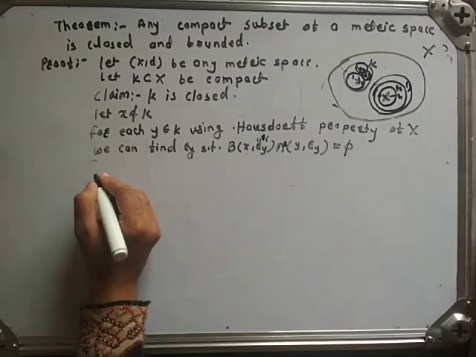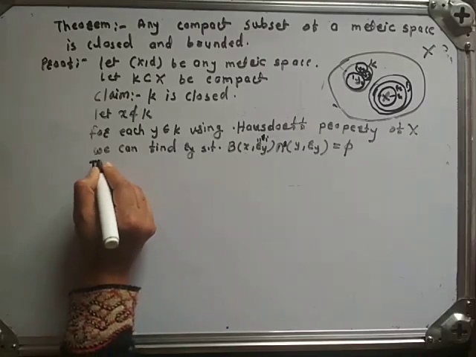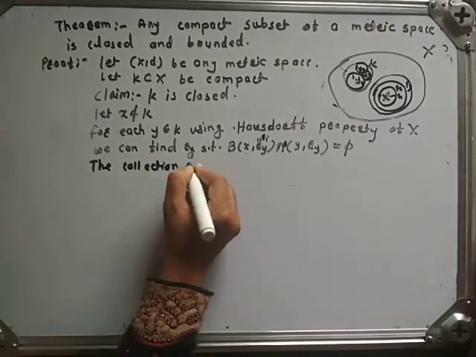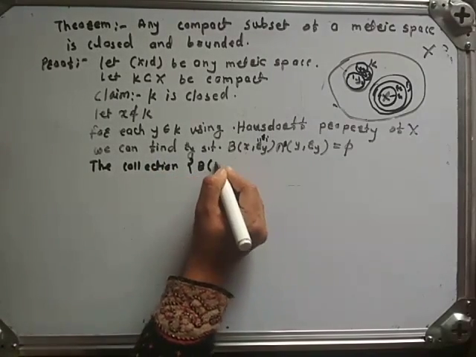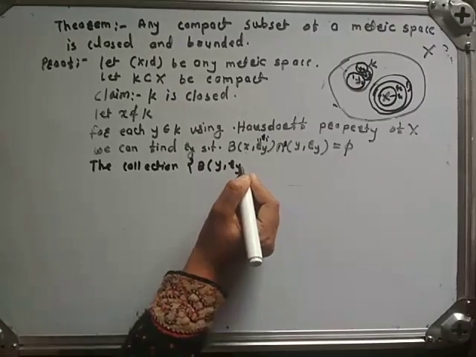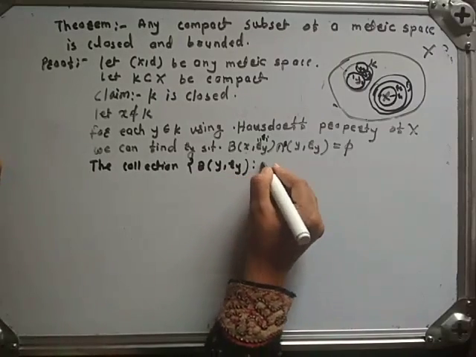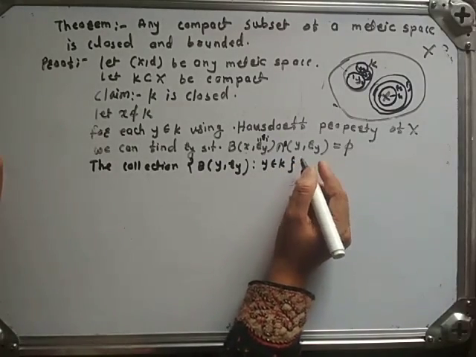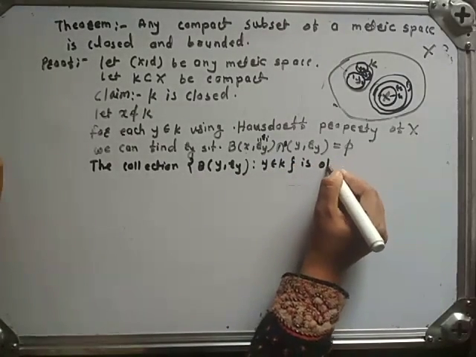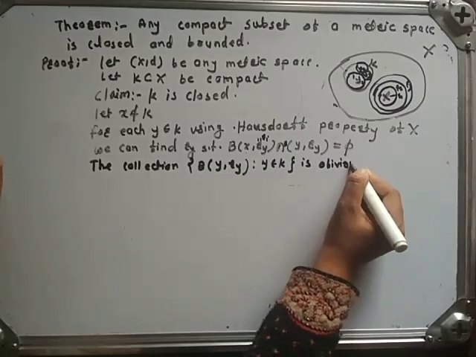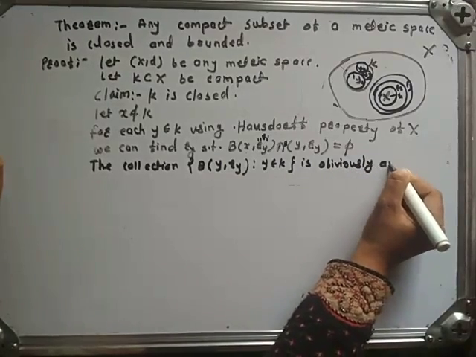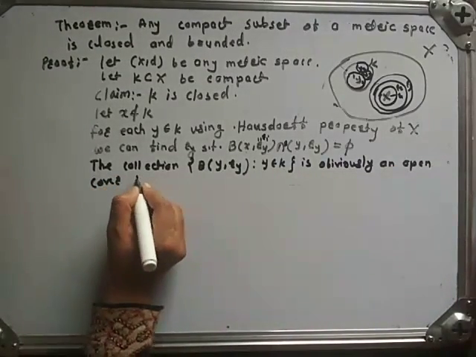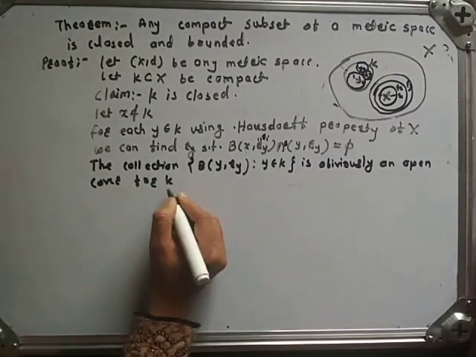The collection B of y comma Ry such that y belongs to K is obviously an open cover for K. Why?